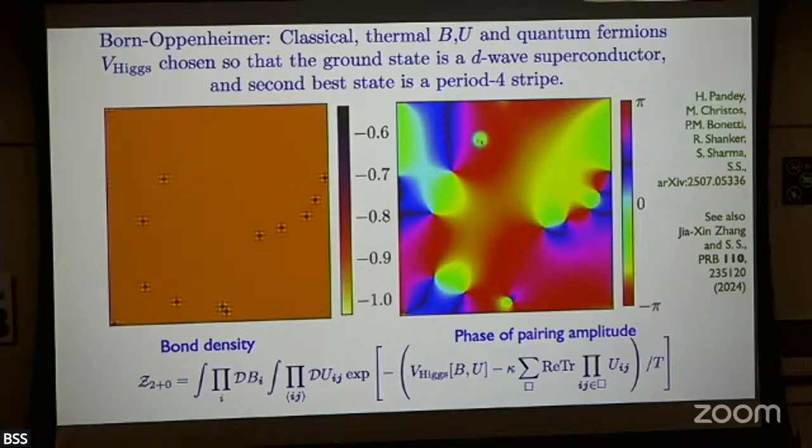You see all these points where you have phase winding by 2 pi. That's very reassuring. The B is charge e, but the phase winding is of a charge 2e order parameter, so each of these vortices will carry flux h over 2e.